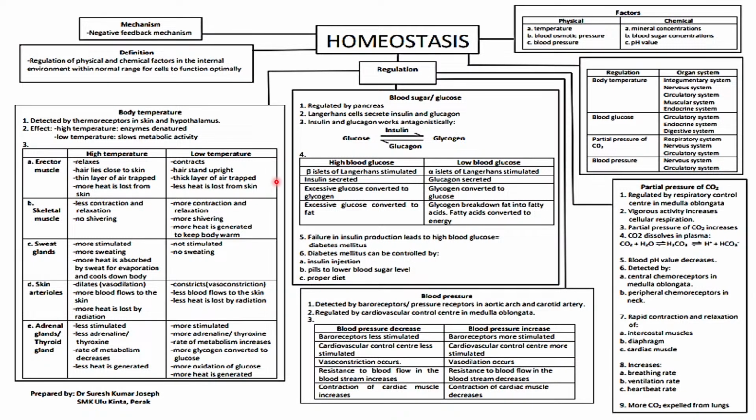Okay, next one. Skeletal muscle. So there will be more contraction and relaxation, causing shivering. Therefore, more heat is generated to keep our body warm. Okay, the sweat gland obviously is not stimulated, therefore we will not be sweating, talking about low temperature.